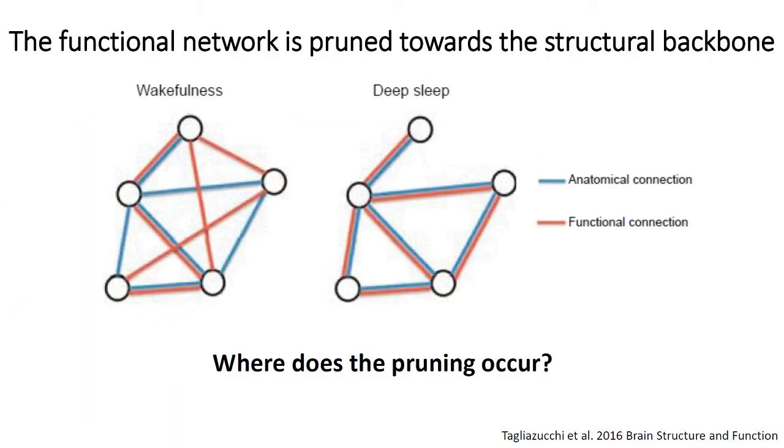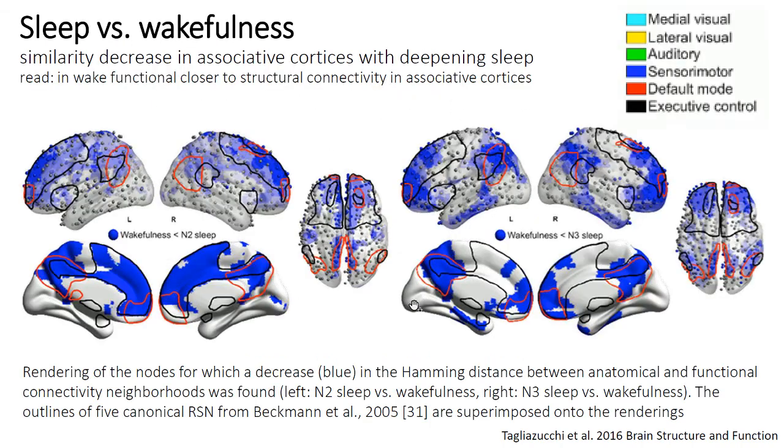And we ask, okay, is this a regional effect or is this a global effect? What we found is that we managed to study this at the local level, and in a set of regions that is very similar to the full network, you lose the similarity. So things do not become more similar to the anatomical structure, but they become less similar to the anatomical structure.